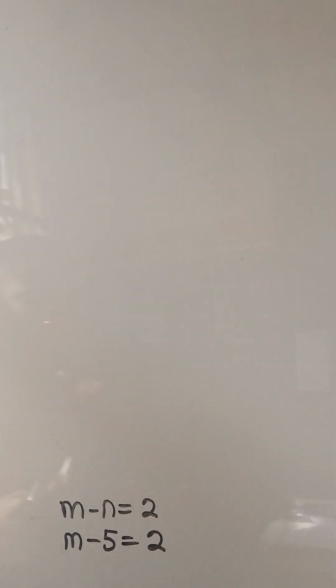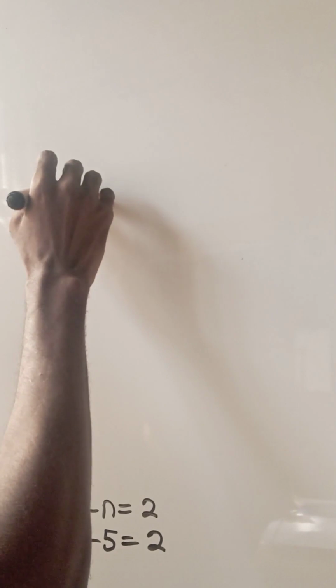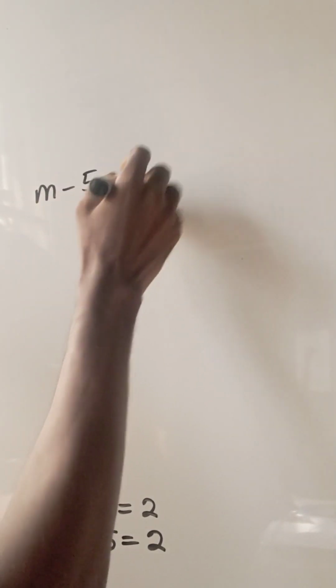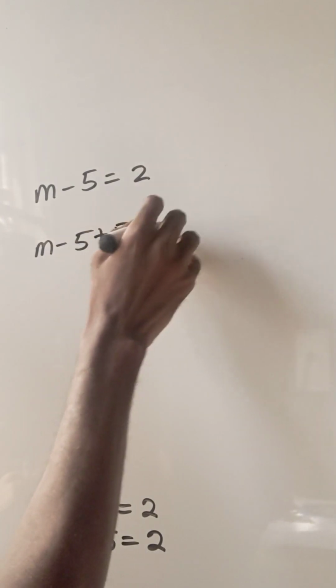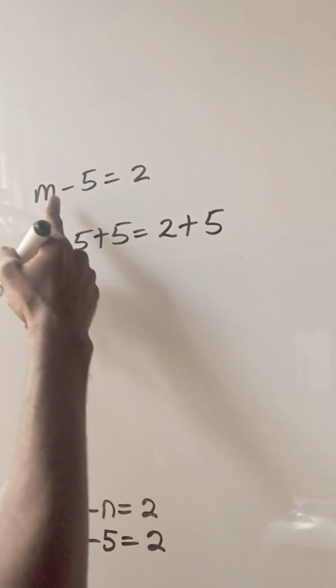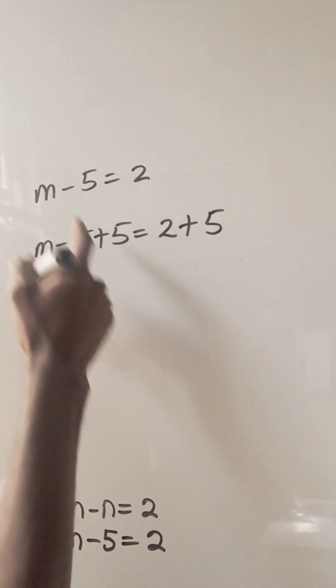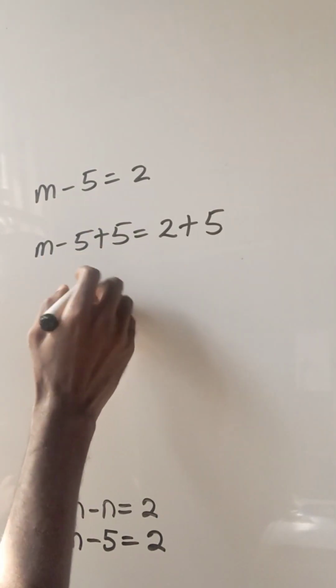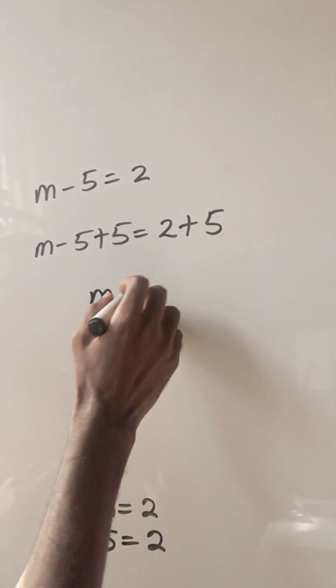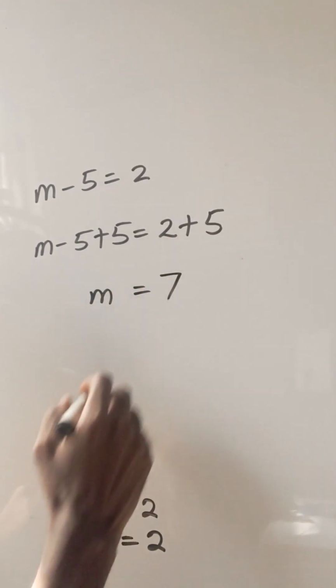So m minus 5 is equal to 2. We add 5 to both sides to remove minus 5. Minus 5 plus 5 is 0, so we are left with m equal to 2 plus 5, which is 7.